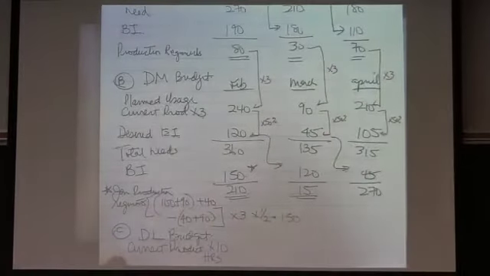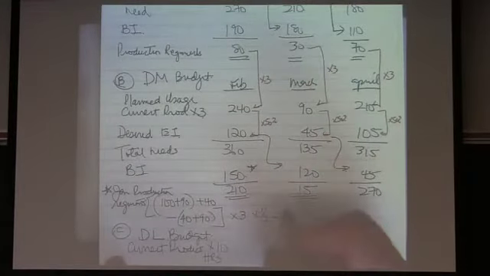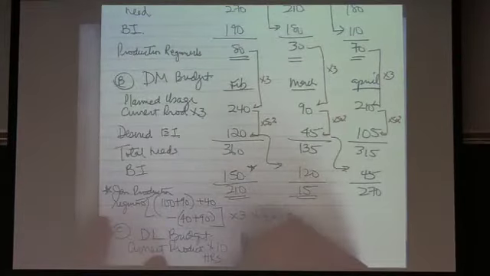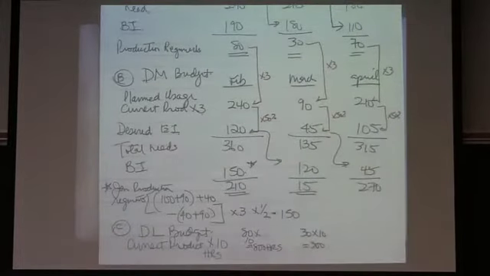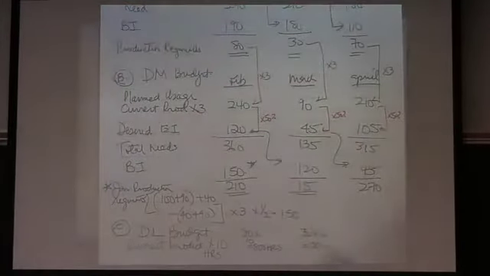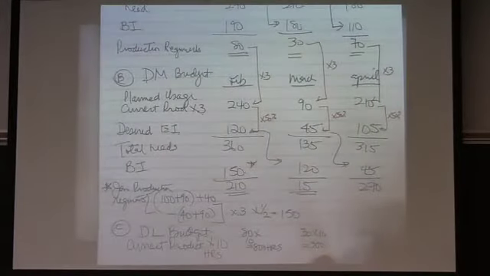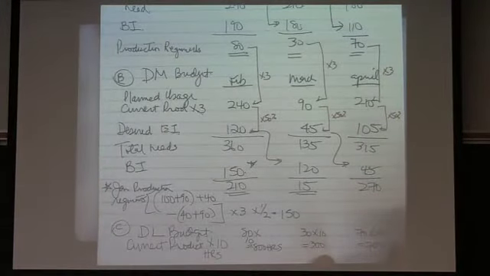Current production is 80. So for February, it's 80 times 10 is 800 hours. And for March, it's 30 times 10 is 300 hours. And for April, it's 70 times 10 is 700 hours.